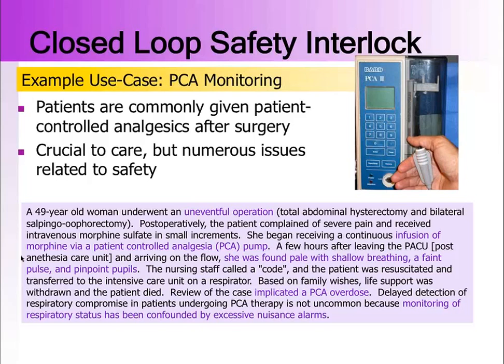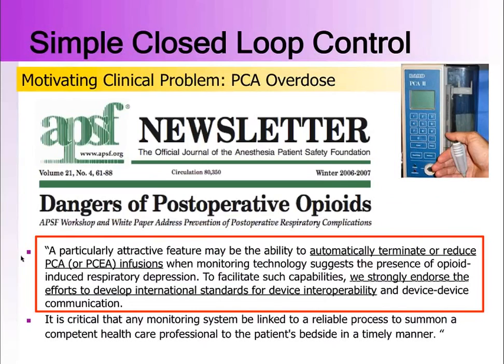But even with these interlocks built inside of the device, there's a number of things that you potentially could do in an integrated device situation. Even as far back as 2006, here's a newsletter from the Anesthesia Patient Safety Foundation where they said, look, if we had the ability to take information from sensors that could detect, for example, if a patient was moving toward respiratory depression, we could automatically shut off the pump.